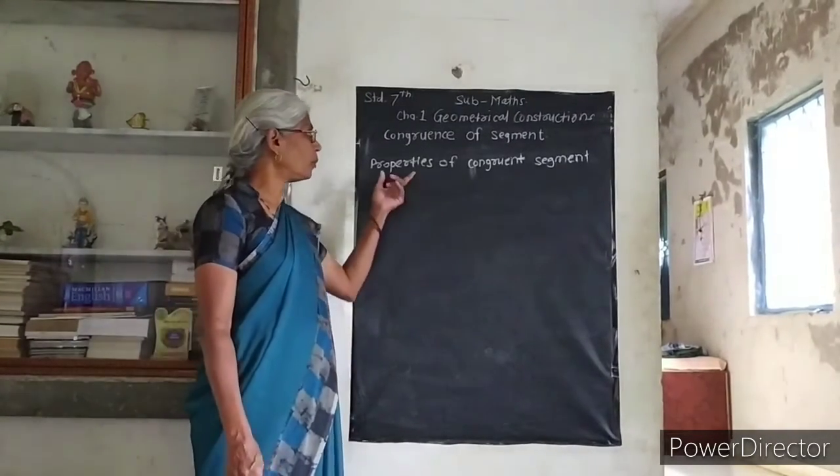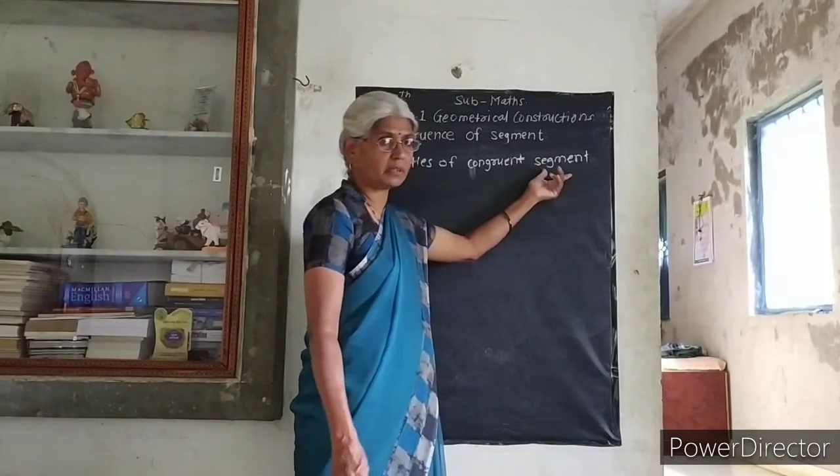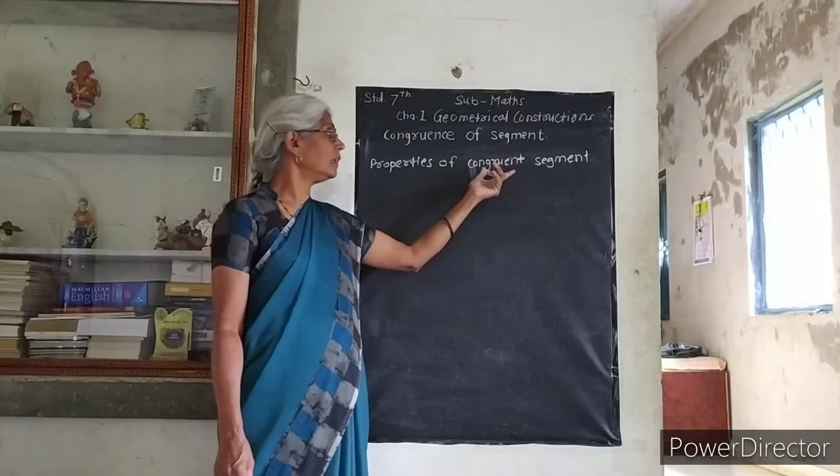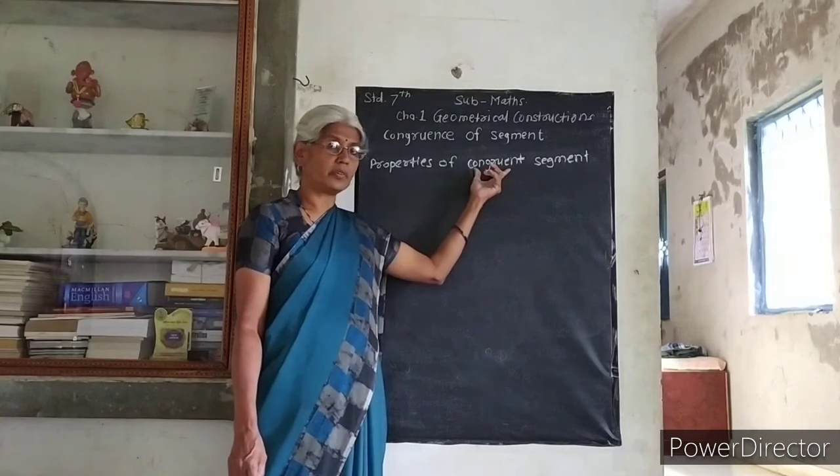Then we learn about the properties of congruent segments. Congruent means when two segments coincide with each other, then that is called congruent.